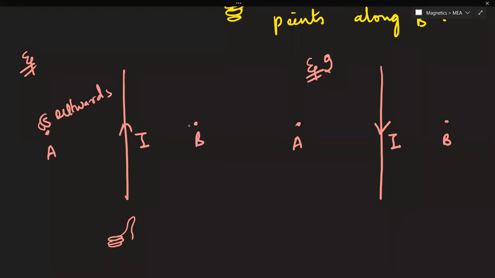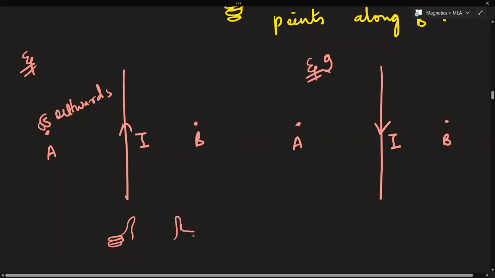Again, keep your right hand thumb only there. And now see the curvature of your finger. This time when you put it, this will be the direction of your thumb. Thumb will be pointing upwards along with this current.